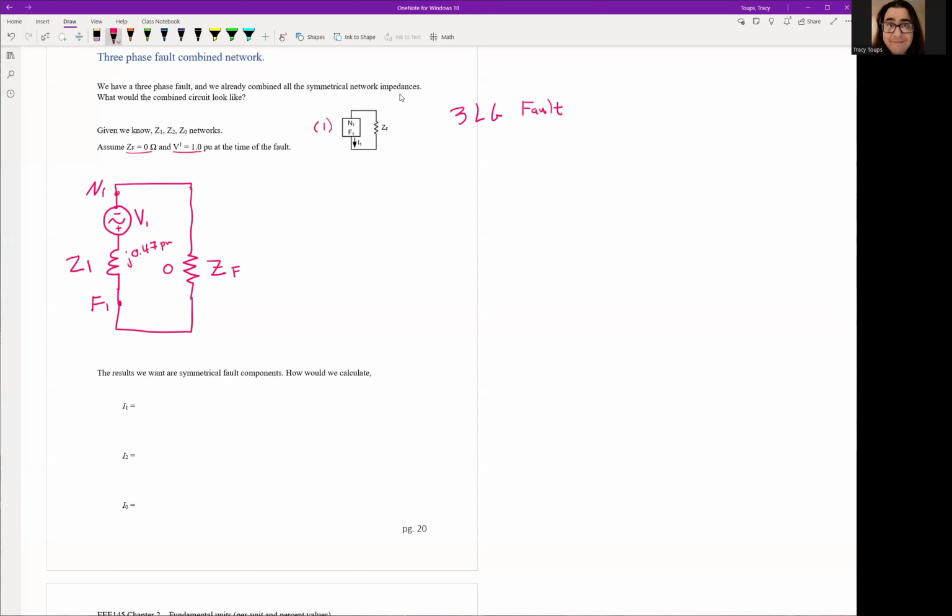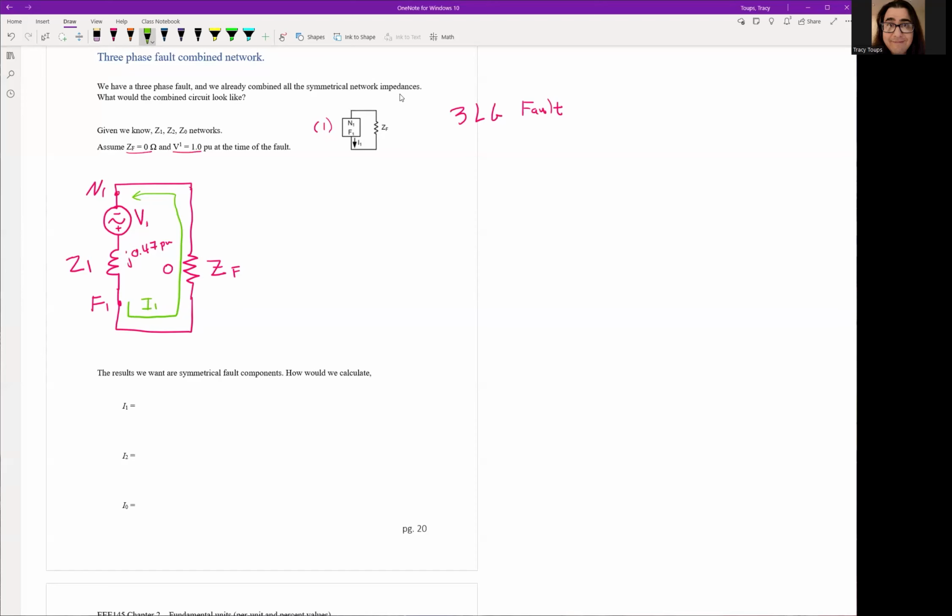So now we're taking what you did and using it to figure out fault current. Where's the current? The current comes out of the fault and goes all the way back down to the neutral point like this. We call it I1. It comes out the positive terminal of the voltage source and goes back in, so you see the arrow right there.